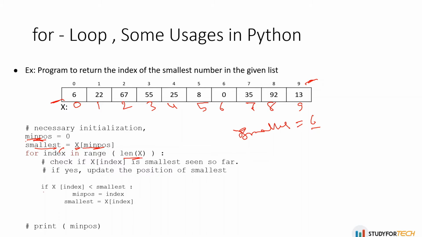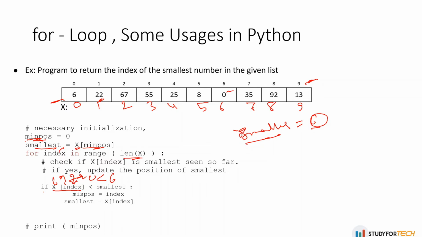So how to write this code? If x of index, so x of index is nothing but what? This will be starting from 0. Okay, so 6 is not less than the smallest, so it will not be executed here. Then it will go to this particular place, and as of now we have a smallest of 6, so it will check if 22 is less than 6, no, then it will go to 67, no, no, no, then it will come here to 0, so 0 is less than 6, so now the smallest will hold 0.